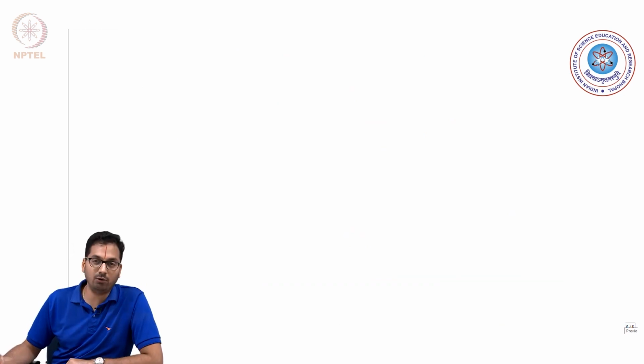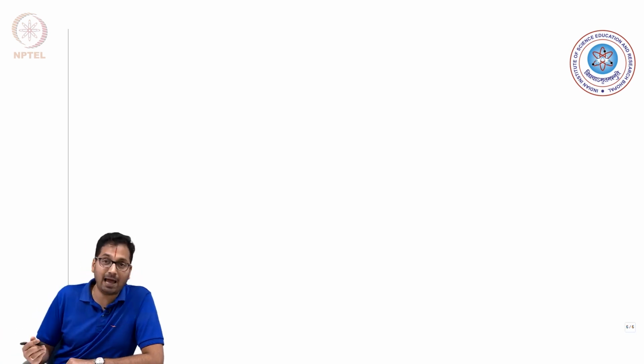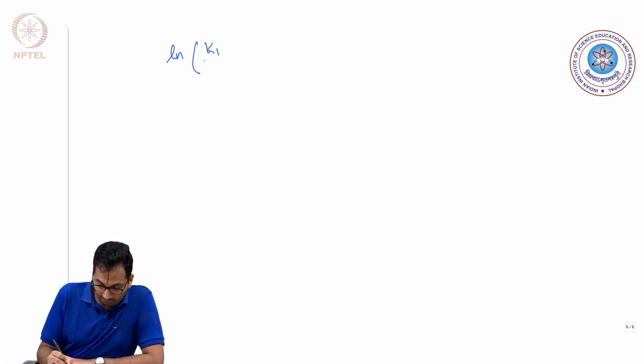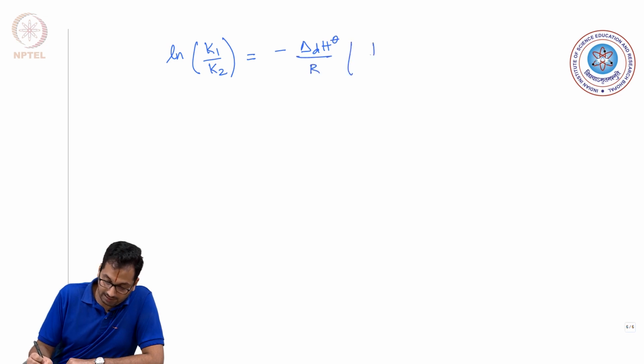Let us take a quick look at how pH changes with temperature. I was very careful in telling you that the pH of water at 25 degrees is 7. Now, let us take a look at what happens if the temperature changes. This takes us to the Van 't Hoff equation, which relates the equilibrium constant K to the enthalpy of a reaction and temperature, in this fashion.